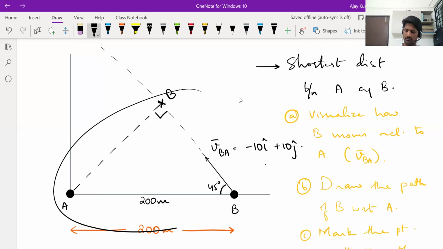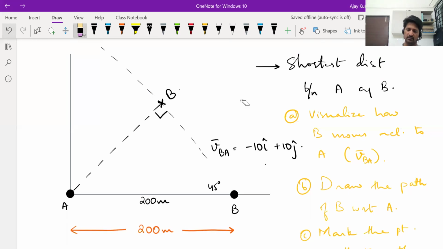You effectively formed a right angle triangle. We know this side is 200 meters. We know this angle is 45 degrees. Can any of you tell me how to find out this nearest distance between A and B?